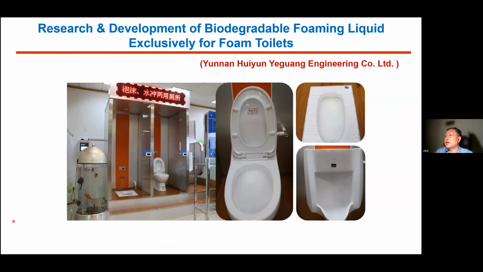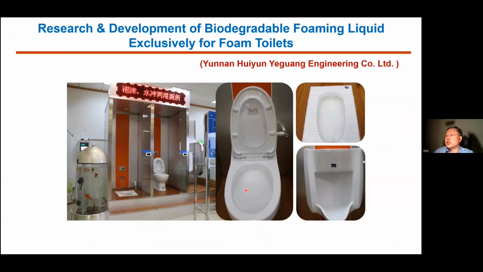And here is another foaming toilet. You can see it only uses a little water. It's not very clear, but in this pan you can find the foam, and with foam they can replace water and reduce flushing water significantly.